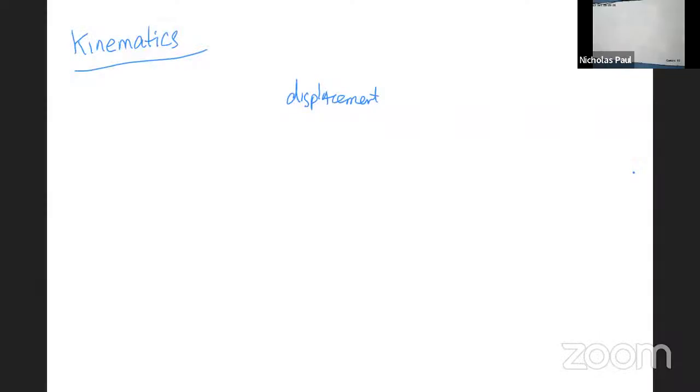So we're taking a look at kinematics today, which takes a look at a few quantities: displacement, velocity, acceleration. So it has to do with these three quantities.